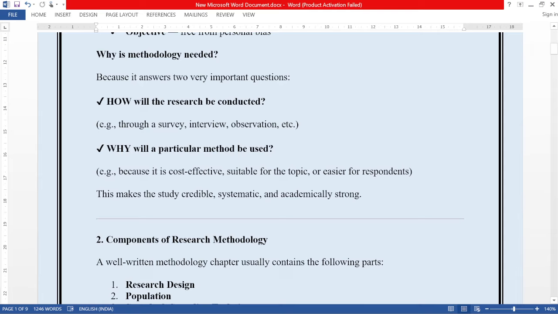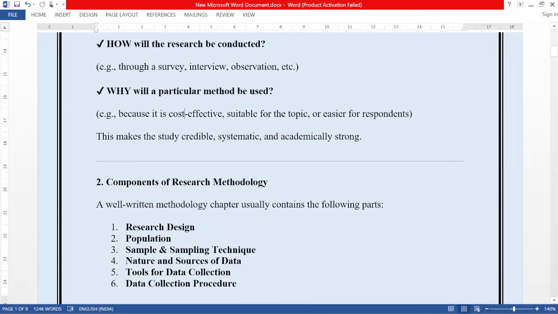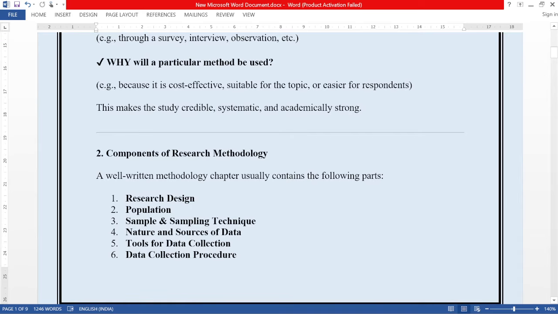So if you're going to use a particular method in your research, the research methodology also explains why this method is going to be used in the research work. The answer may be because it is cost effective, suitable for the topic or easier for respondents. Whatever the answer is, it depends on the research you are conducting. This makes the study credible, systematic, and academically strong.